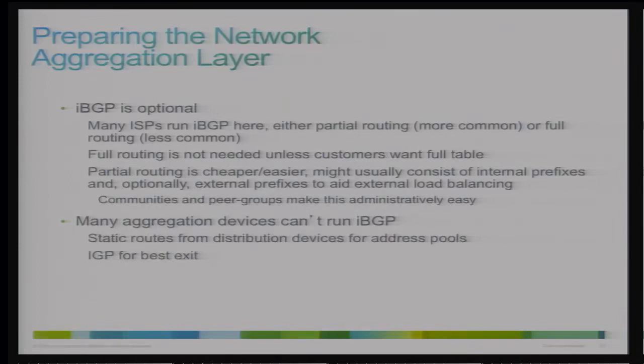And on aggregation devices such as DSLAMs, they may not be able to run BGP at all, in which case you don't run BGP there. You may run IGP from them to the aggregation routers or to the distribution router, and on the distribution router, you will inject it into IBGP.